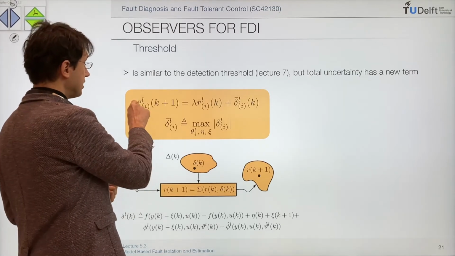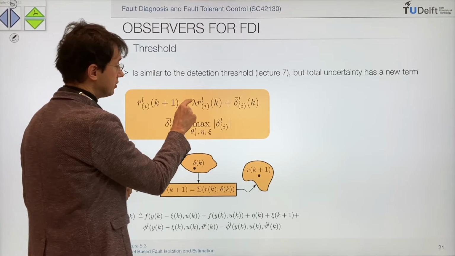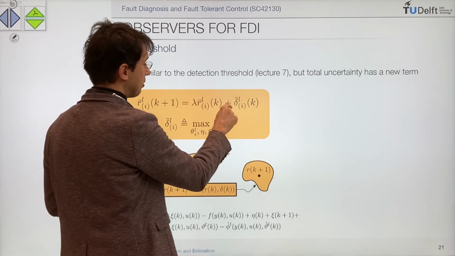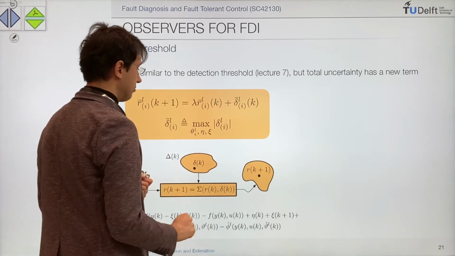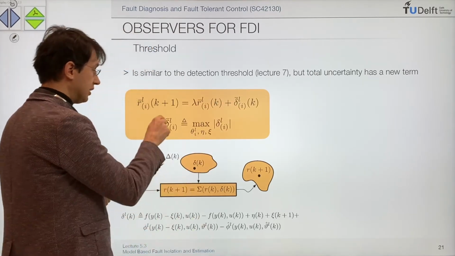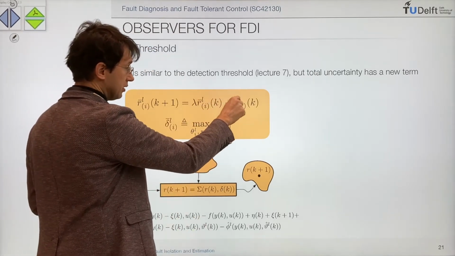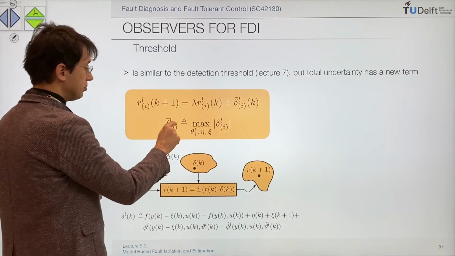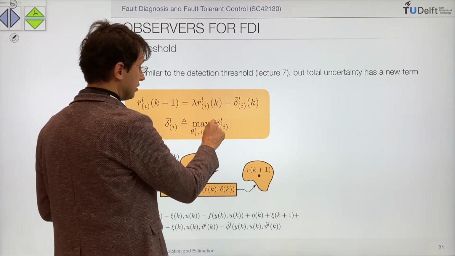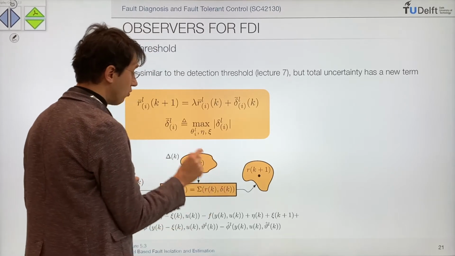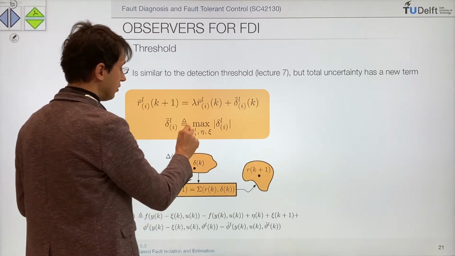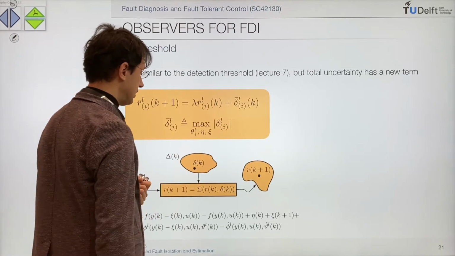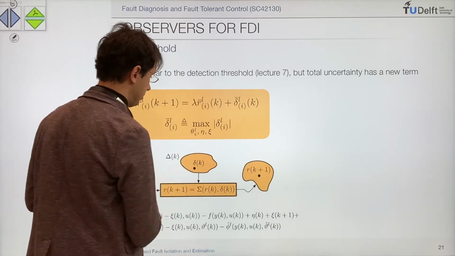So still the threshold at time k plus 1 is equal to lambda times the threshold at time k plus the total uncertainty bound. And everything is holding for the component i. So now the issue is that the total uncertainty bound that we have here should be computed by maximizing the total uncertainty absolute value over eta and psi, as we did before, and also over theta.